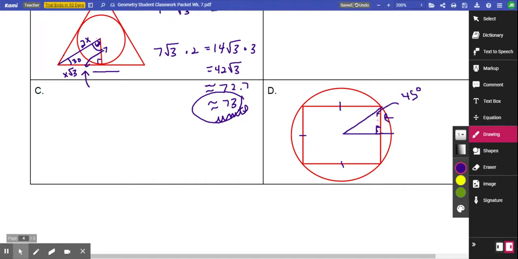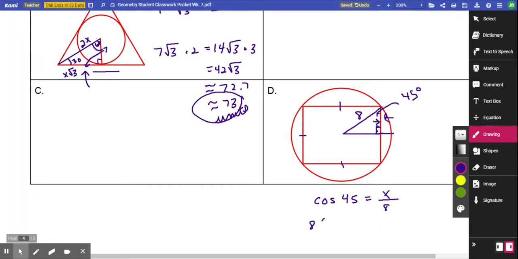So 45, I'm looking for the adjacent side, and the hypotenuse is 8. So that would be cosine, right? Adjacent over hypotenuse. So the cosine of 45 degrees equals our unknown over our hypotenuse of 8.